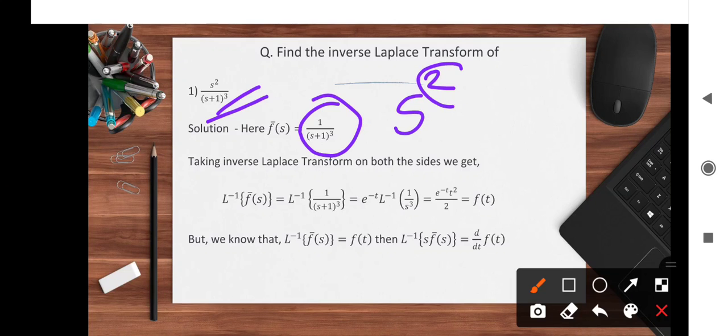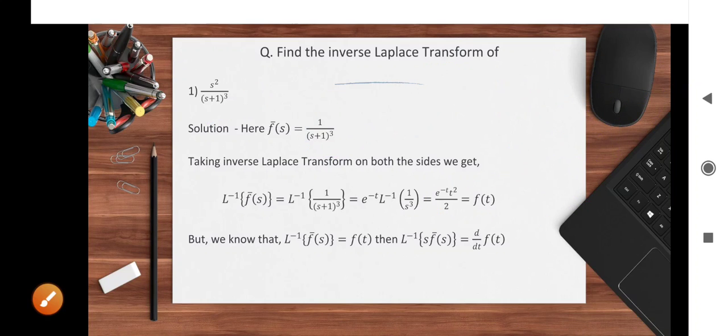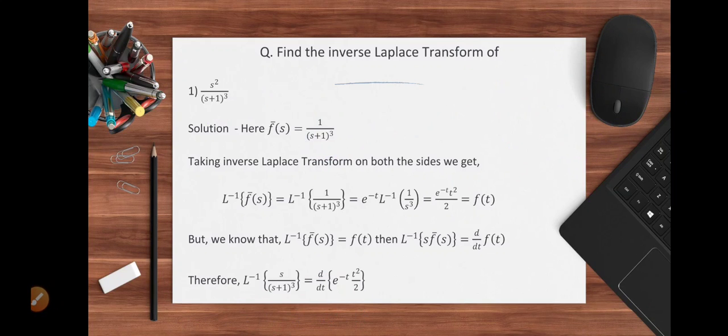So this degree 2 indicates that we have to take d by dt 2 times. So we are going to find the derivative of this function f of t 2 times. So using this result, we will find the derivative step by step.